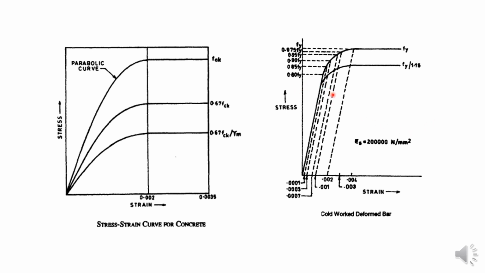We should always remember 0.87 fy, and the corresponding strain we get from the curve. Once the strain is computed, we get the corresponding stresses, and we use them to calculate our forces. This is all about the doubly reinforced section design philosophy. Thank you so much.